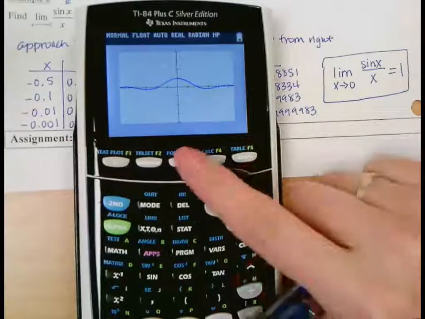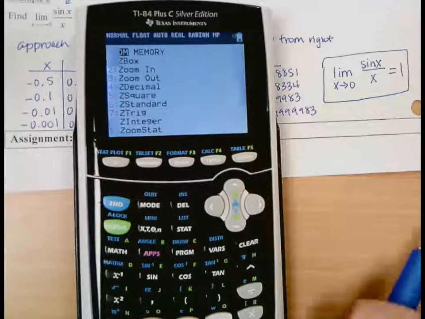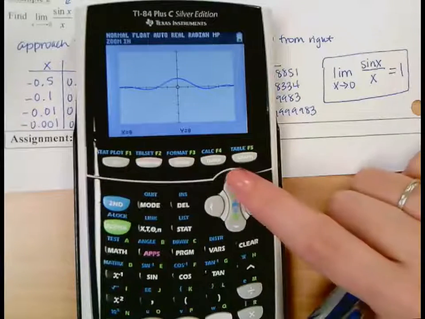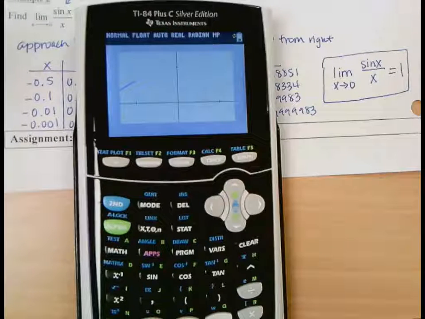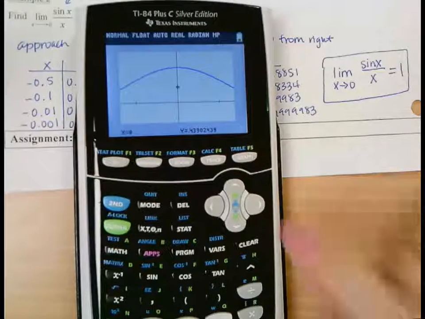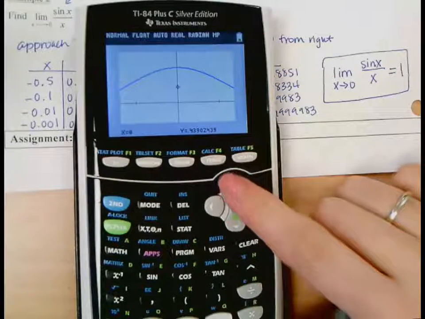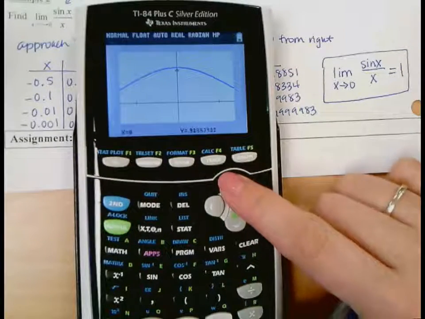And you could zoom in. I'm actually curious, I'm going to move this up a little bit, if my graph shows there's actually a hole there. I'm not really sure. I'm wondering if you trace it, it doesn't give you a value.